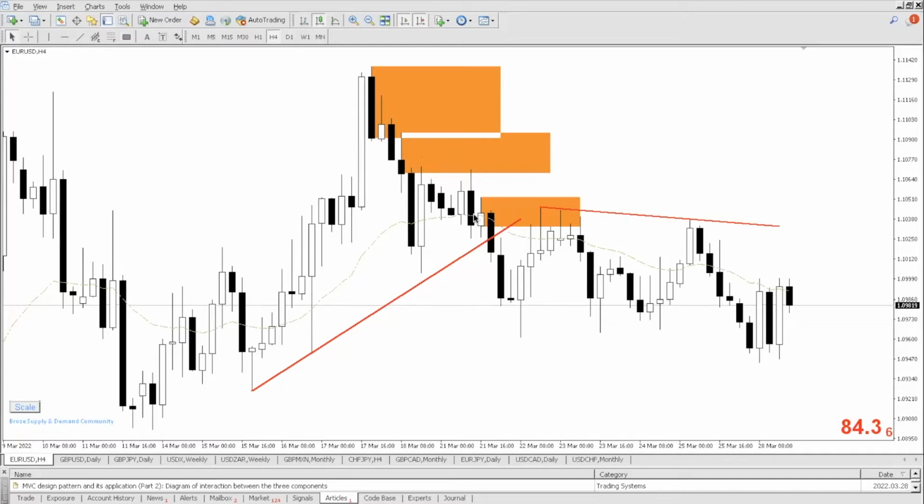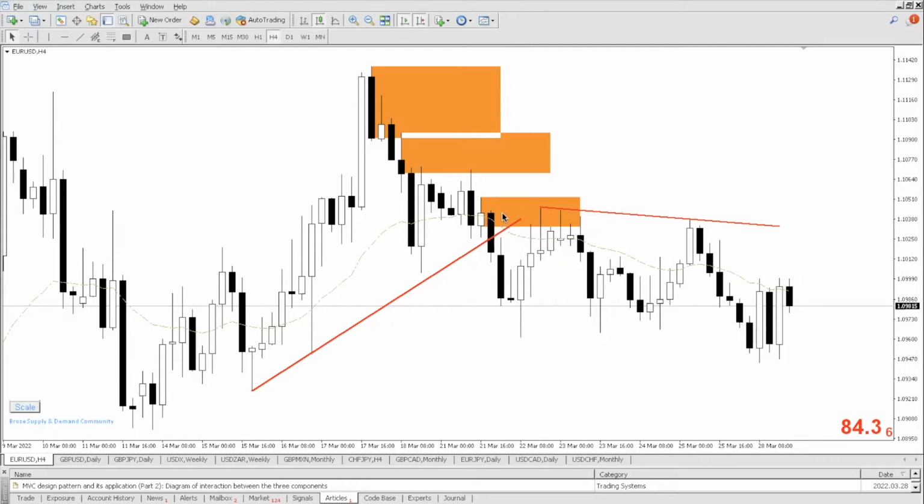Because it's a CP. Remember we said CPs are continuous patterns, meaning whenever price is falling, it will take a pause and continue falling. All right, so when you trade supply and demand, what happens is that price will pause when you find that pause.